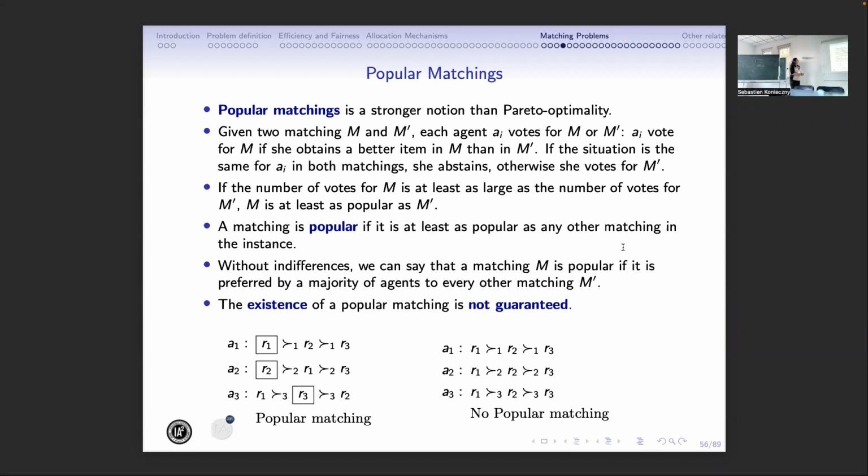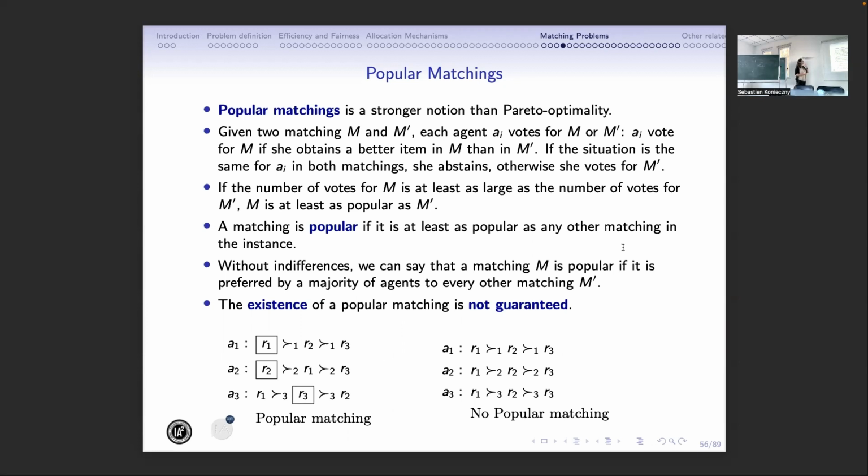If the situation is the same in both matchings, if they obtain the same resource, they abstain. Then we count the number of votes for M and the number of votes for M prime. In fact, we count the number of agents who prefer M to M prime, and the number of agents who prefer M prime to M.